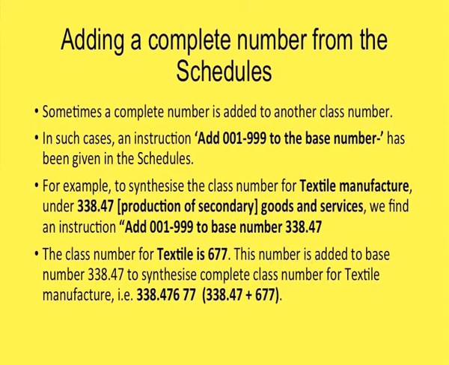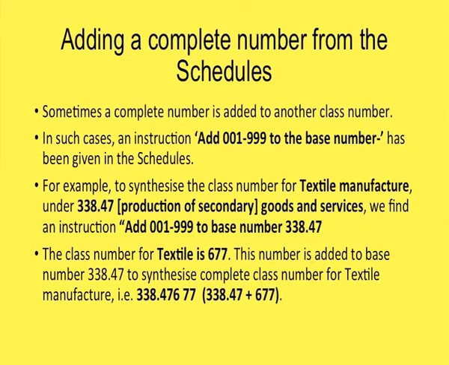So, the complete class number for the subject textile manufacture becomes 338.47 plus 677, that is 338.47 677.